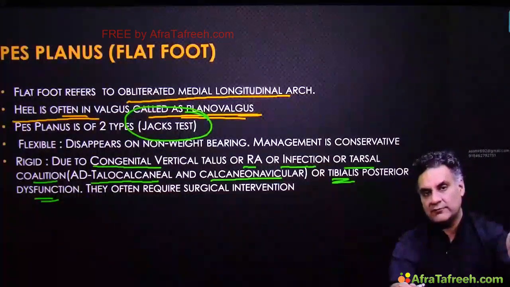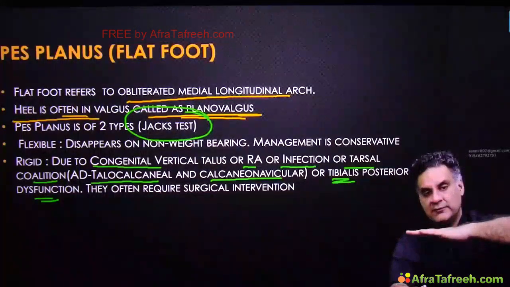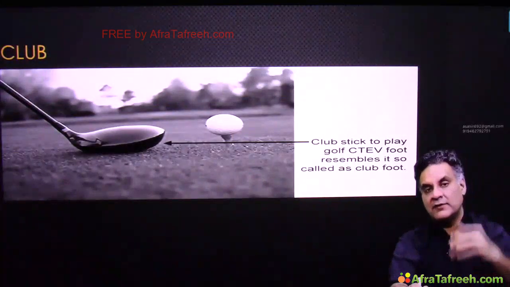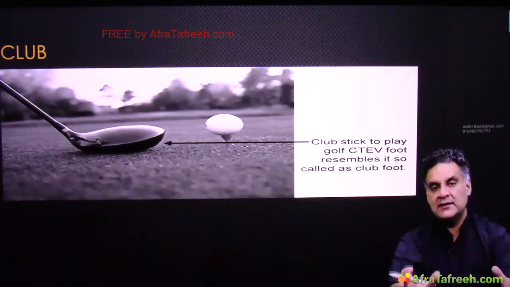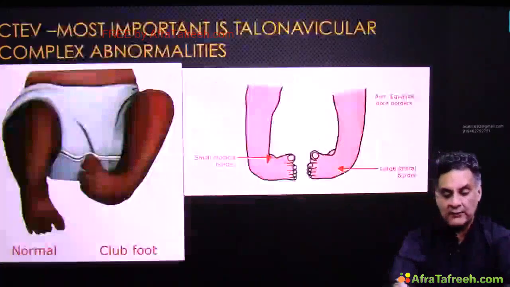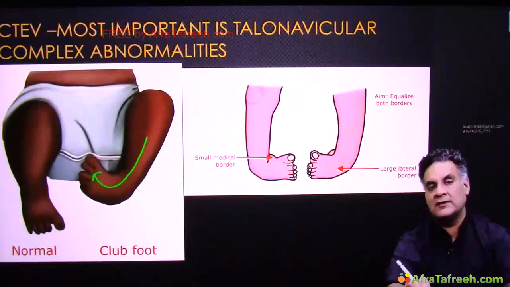So you have rocker bottom foot, convex sole, flat foot, straight sole, and then you have a club foot where you have more of arch in the foot. CTEV, congenital talipes equinovarus, is also called as a club foot because your foot resembles the stick of the golf called as a club.